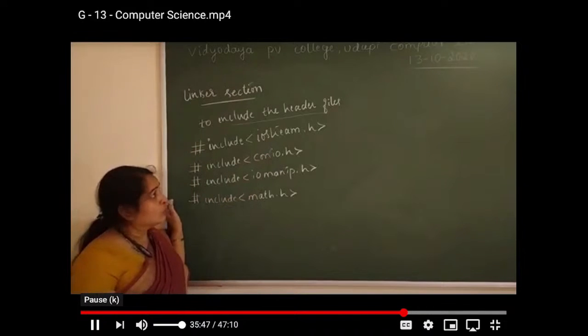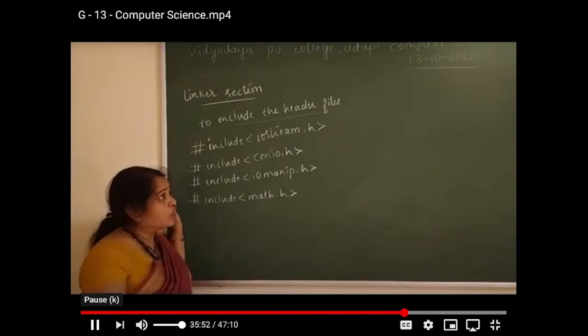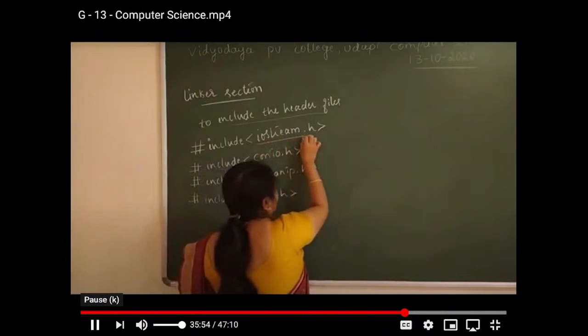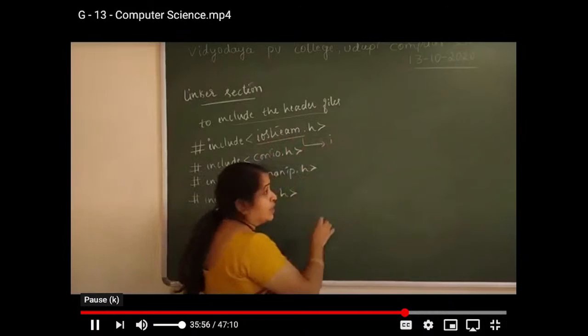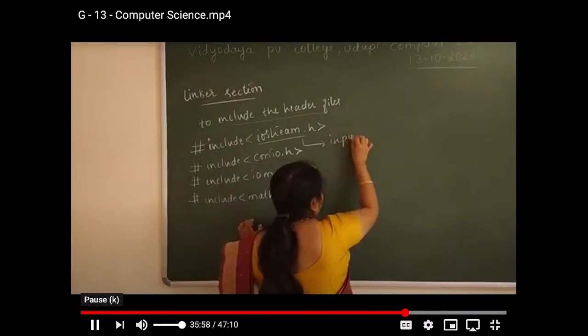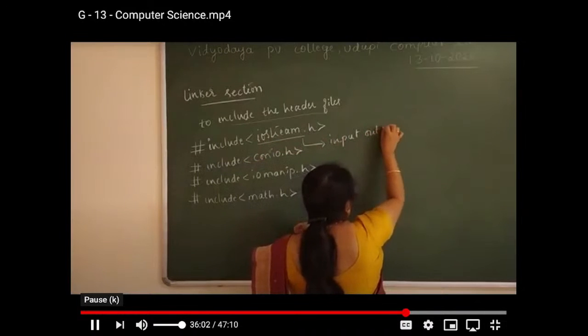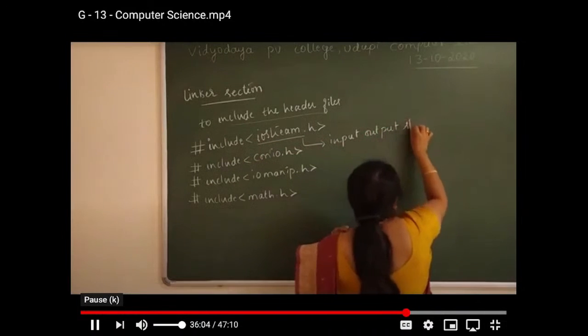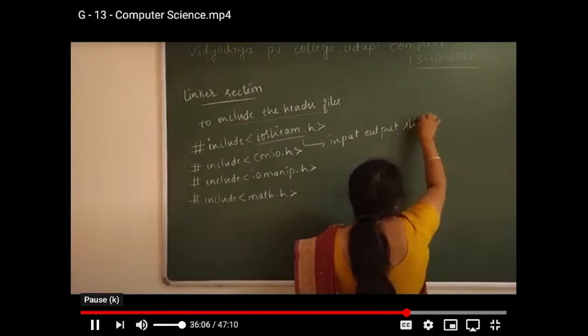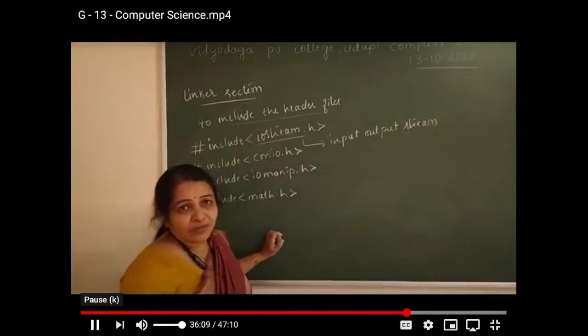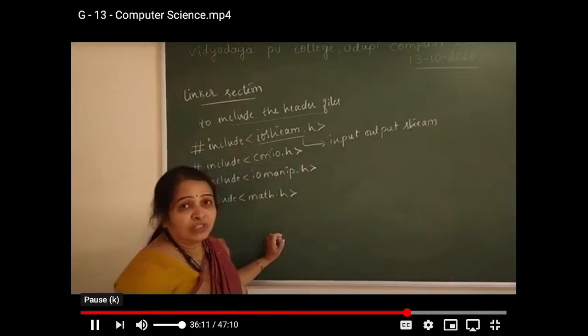Hash include iostream.h. What do you mean by iostream.h? It is iostream. I for input, O for output. Input, output, stream. Dot h, h means header file. So, input, output, stream, header file.